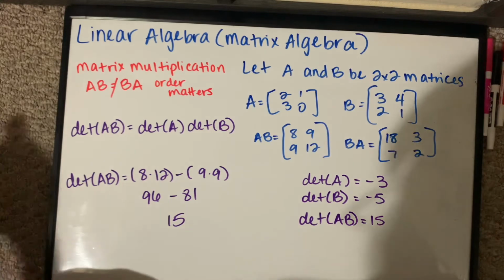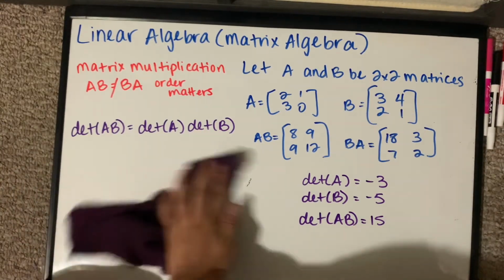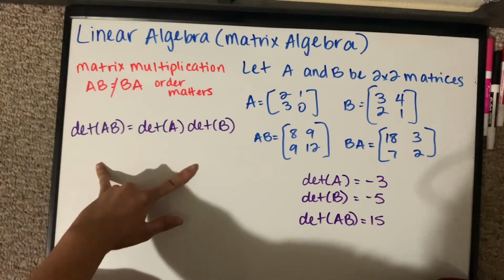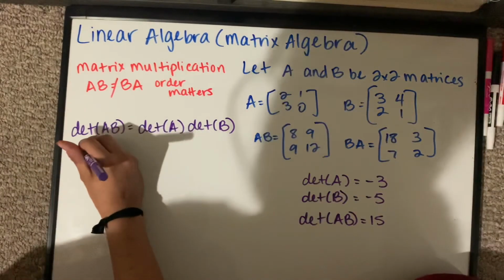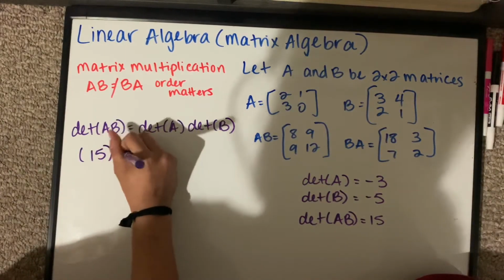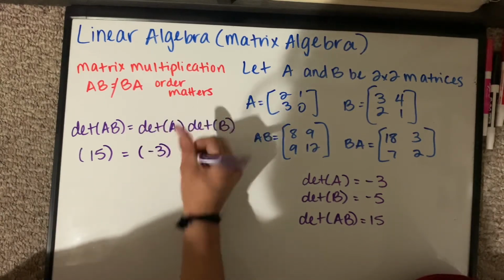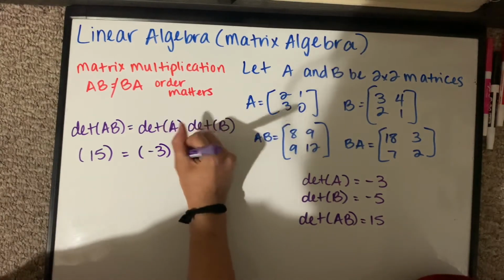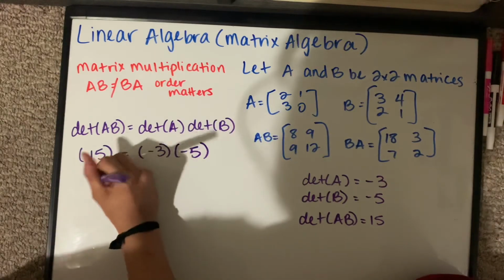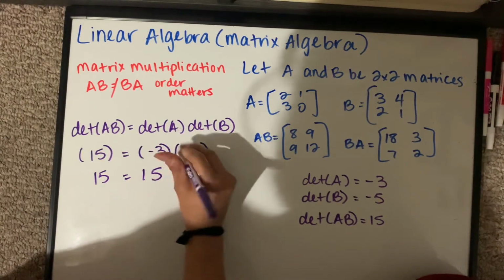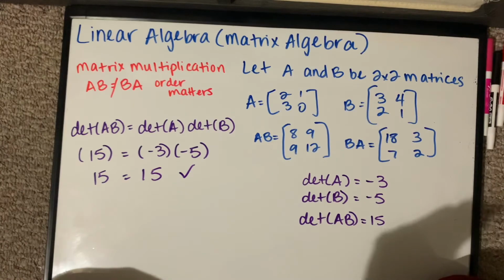Now, whenever we plug in the values to this property, we're going to find that it's going to work out. So determinant of A gave us -3, and determinant of B gave us -5, and it works out. That's not the point I wanted to make though.